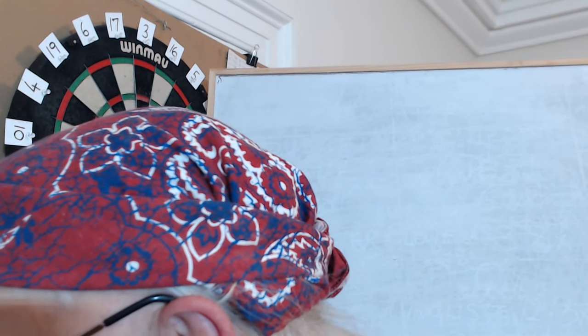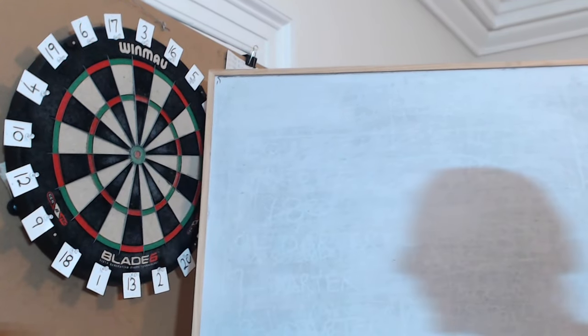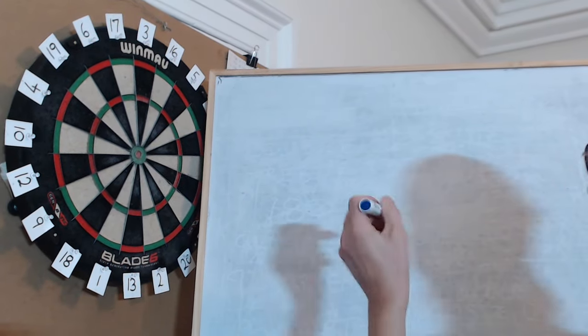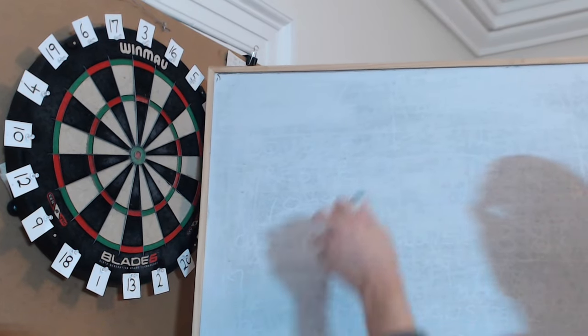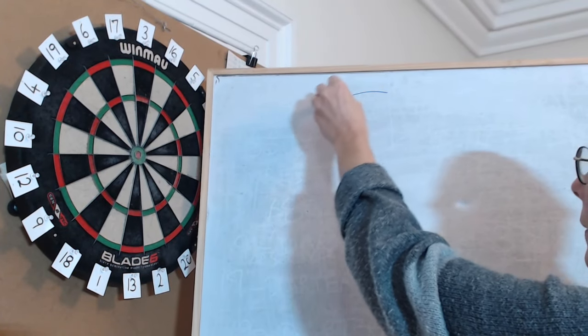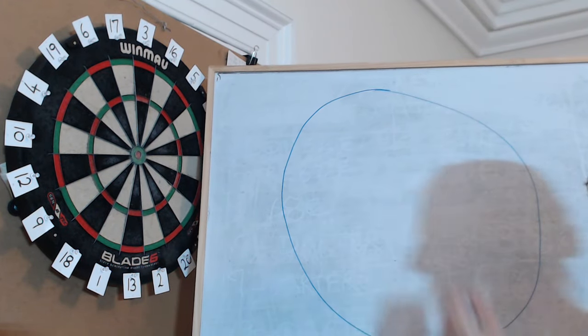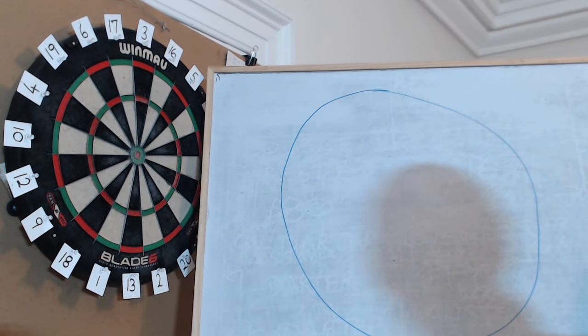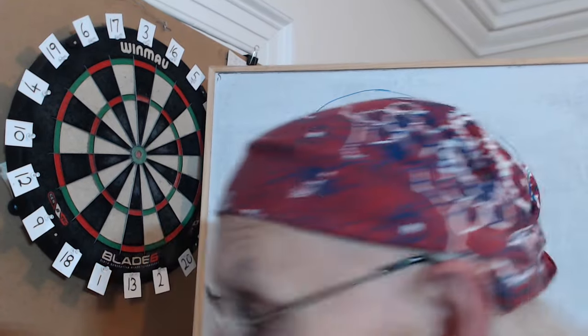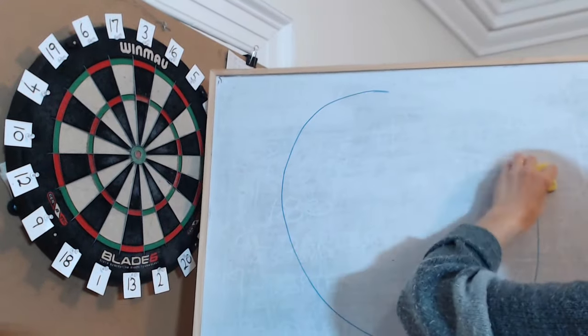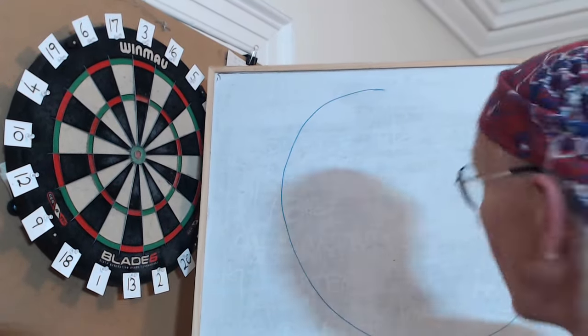And we'll very quickly demonstrate this. So let's draw the circle of the dartboard here. Right, is that roughly a circle? Kind of. That's pretty rough actually, isn't it? Let's just erase this awful ending here.